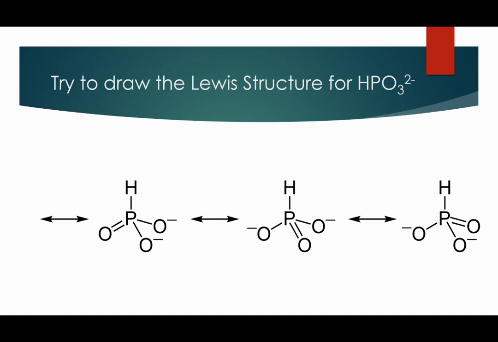So we have our hydrogen, which is stable and happy. We've got our oxygen having a double bond either on oxygen 1, oxygen 2, or oxygen 3. You can see that our formal charge is denoted by the negative here.